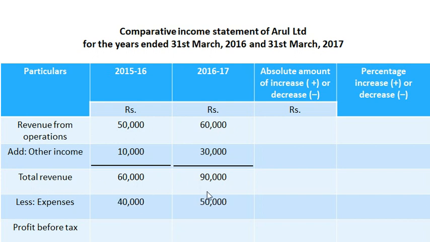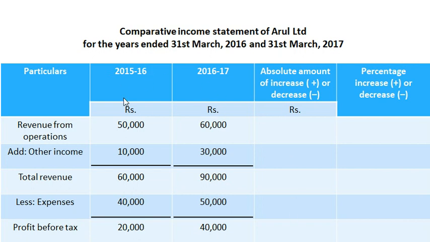From the total revenue, we have to deduct expenses, which are Rs 40,000 for 2016 and 50,000 for 2017. If we deduct 40,000 from 60,000, it gives Rs 20,000. If we deduct 50,000 from 90,000, it gives Rs 40,000. These amounts become profit before tax, as we have calculated in row 2 and row 3.